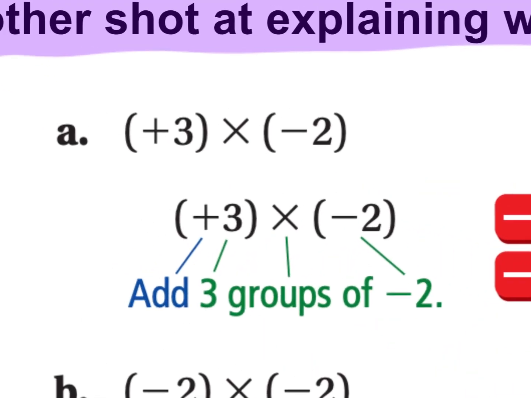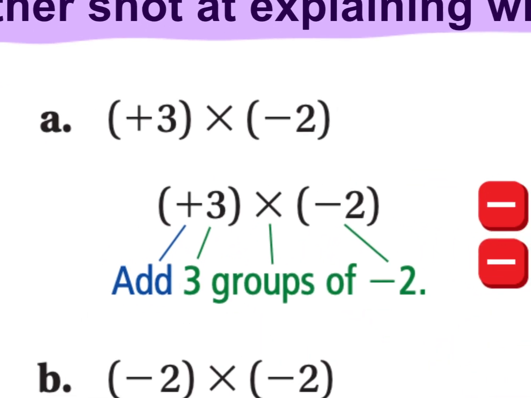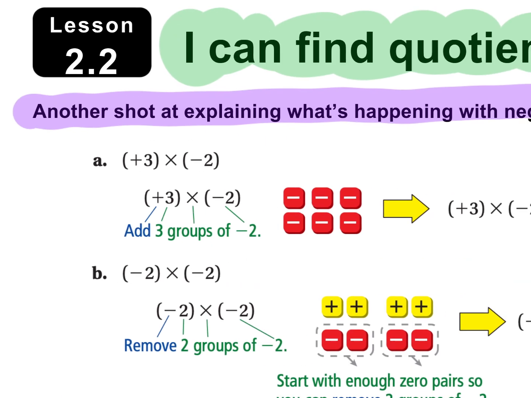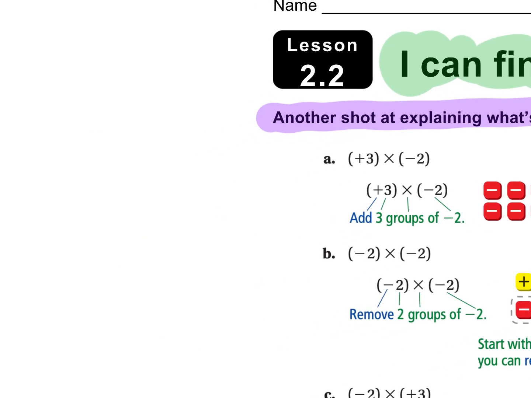This is kind of written in a funky way, but it's written that way because they want to use this idea right here in this little visual to explain what's going on, okay? Normally I would write this as 3 dot negative 2, or 3 parentheses negative 2. I'm going to write all of the possible ways that you could see it.